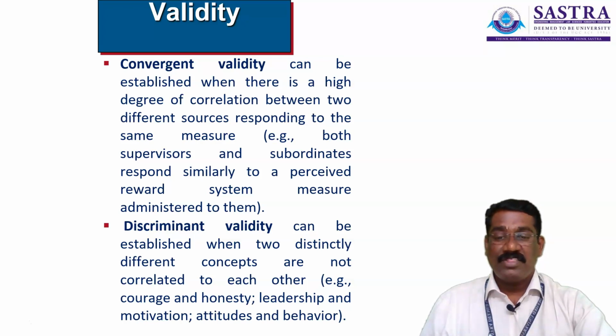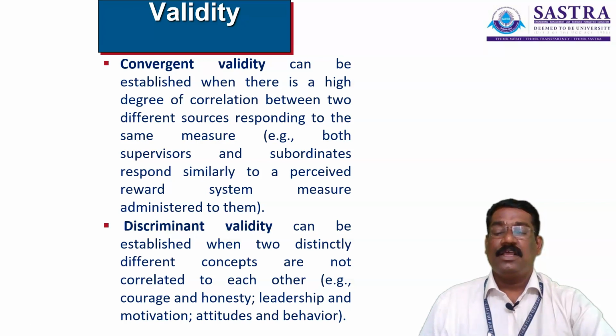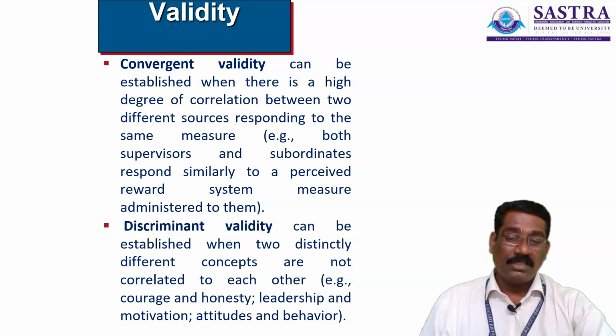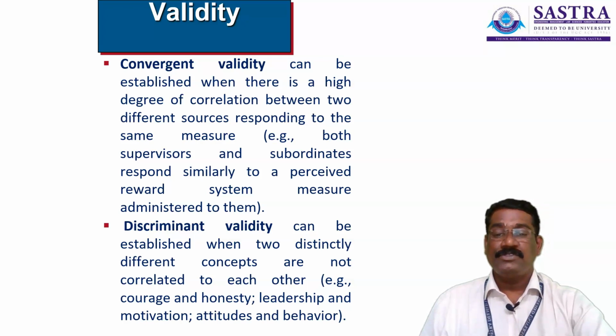Within the courage and honesty concept, the variables pertaining to that concept have to correlate with each other, and they should repel the variables for leadership and motivation, because there should be some kind of perceived difference, and that's why it is called discriminant validity.